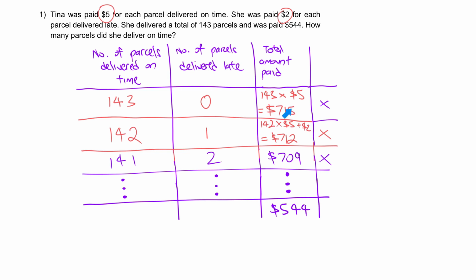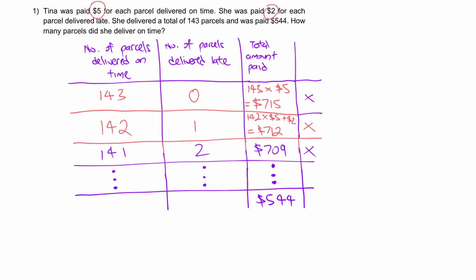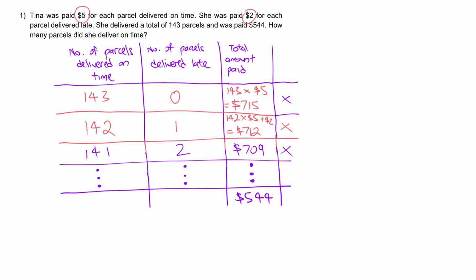So from here to here, how many jumps do I need? How many repetition do I need to do, such that minus 3, minus 3, minus 3, minus 3, minus 3 until I reach 544. Okay, so probably my next step would be to figure out the number of jumps.